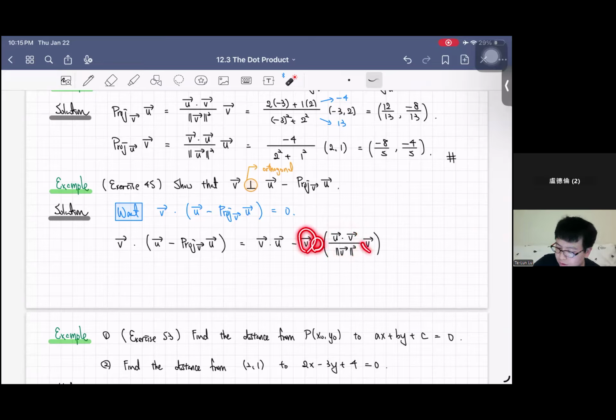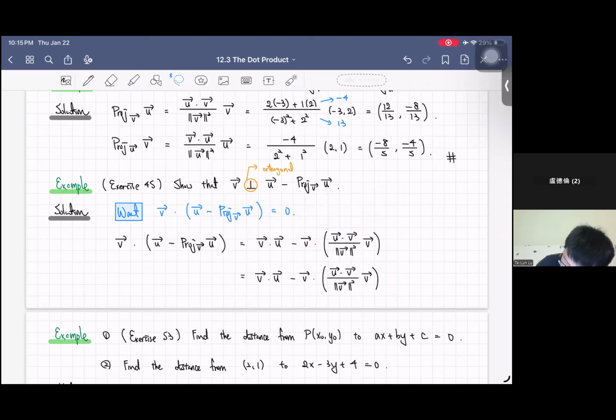So this is simply v dot v multiplied by this scalar. Let me just repeat everything here, and I want to take a bracket out. Now, what is v dot v? v dot v is actually just v squared.